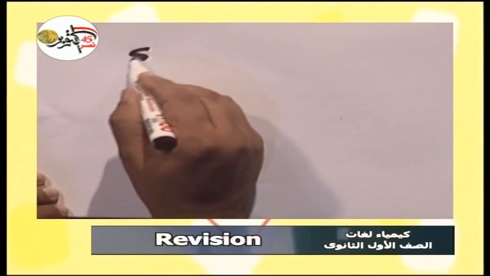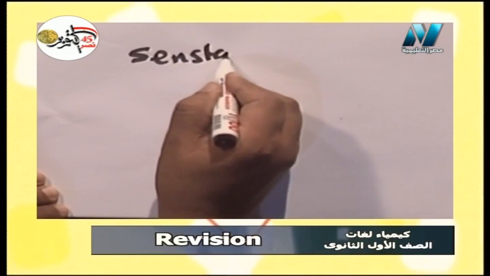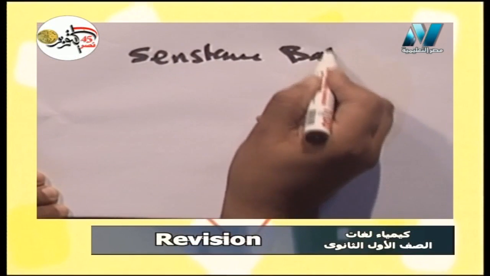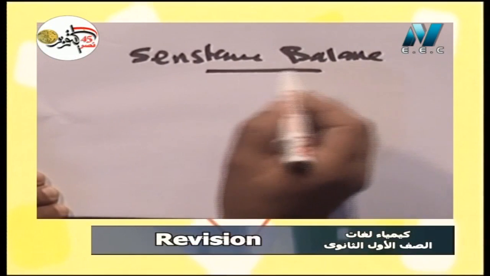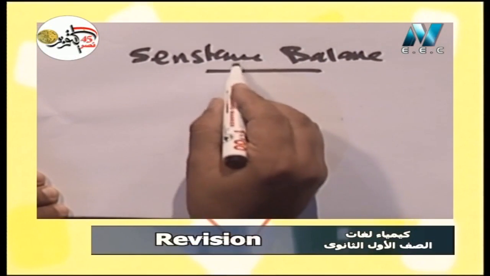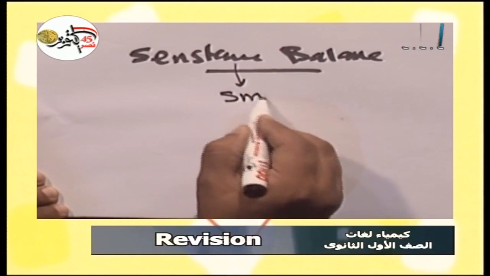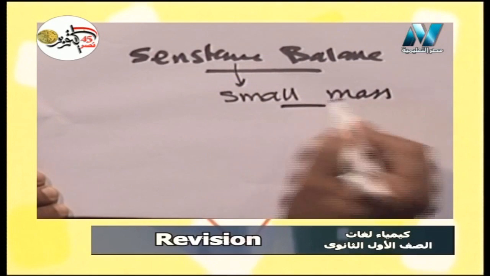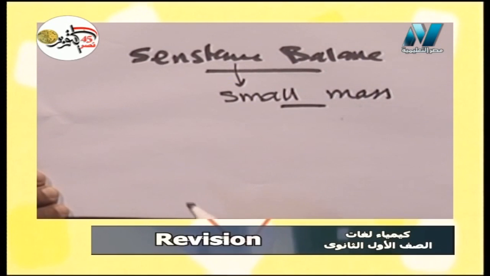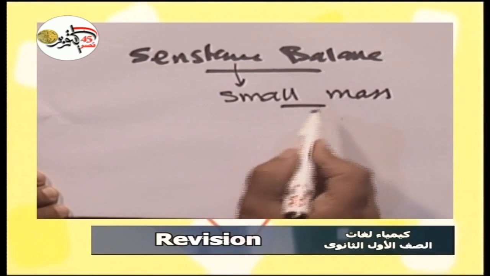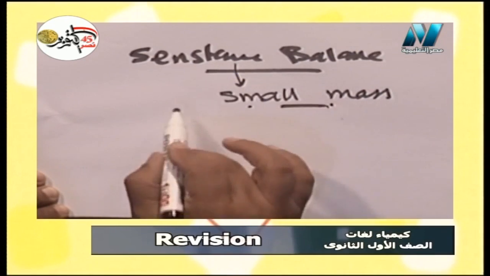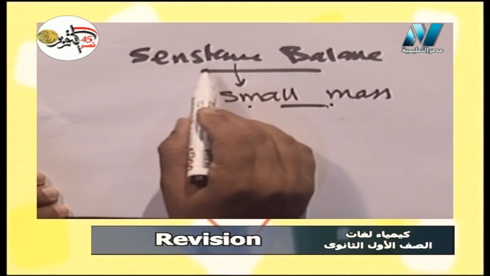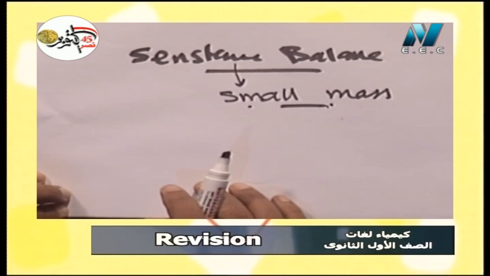We call it a sensitive balance because it measures very small masses of chemicals, of gold, of other important substances for which we need accurate mass, accurate small mass. So we need the sensitive balance.